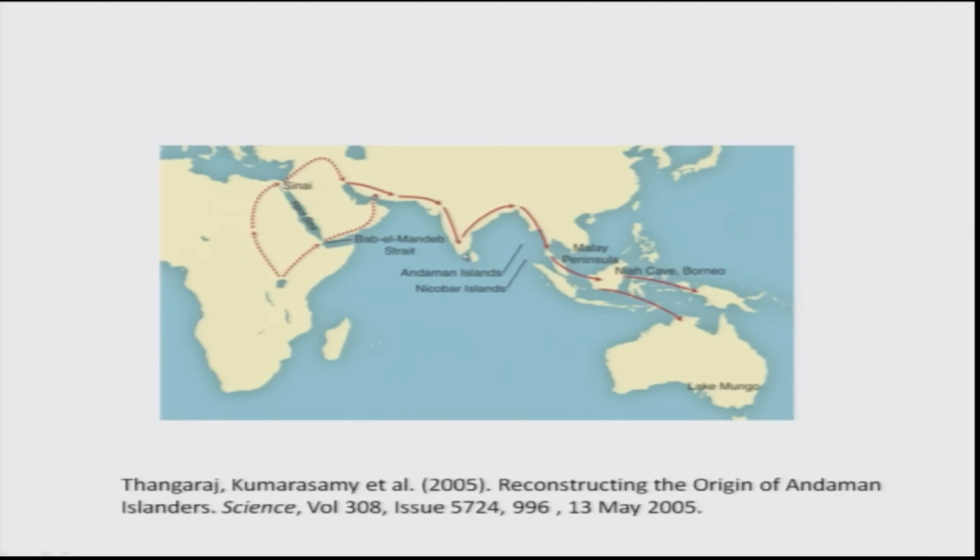People thought that they went straight like this, but what we understand is that they probably went through the sea route. They did not go through the land route, but probably went through the sea route to the other parts of the world. This is what the current hypothesis is. It is all because of our understanding of how the mitochondrial DNA sequence is transmitted, how the Y chromosome is transmitted, and what the sequence variations are.